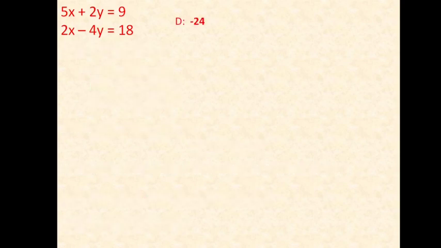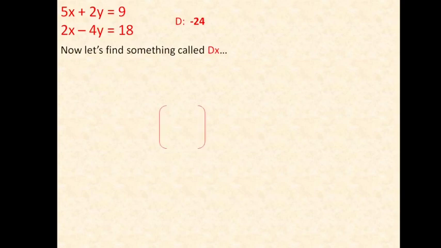Now it's time to find Dx. Dx stands for the determinant with respect to x. If you observe your equation, 5 and 2 are the coefficients of x. So when you calculate the determinant with respect to x, you will not take the coefficients of x in your calculation.